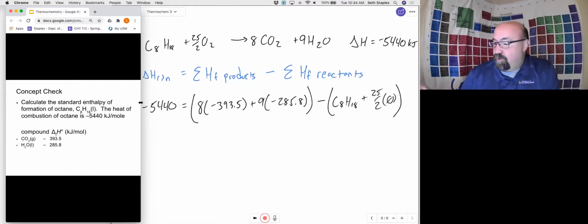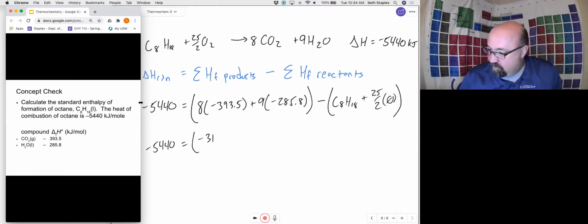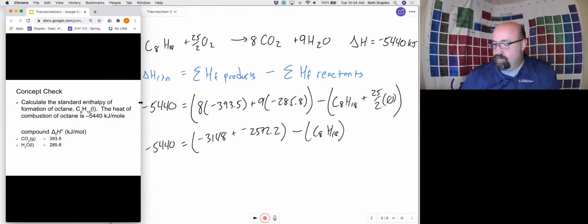And so now we can start to do out the math of this. Negative 5440 is going to equal, when we do the math in here, negative 3148 plus a negative 2572.2 minus our C8H18. And so again, we just carry through our math.